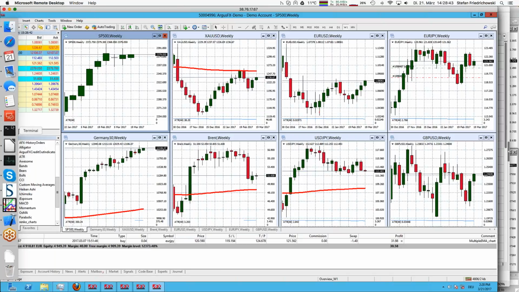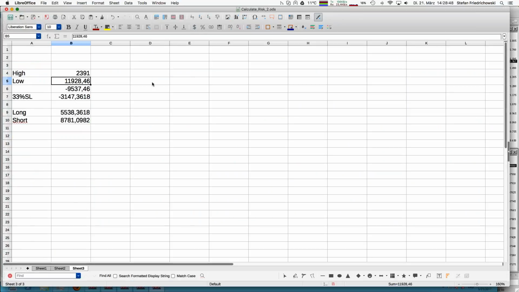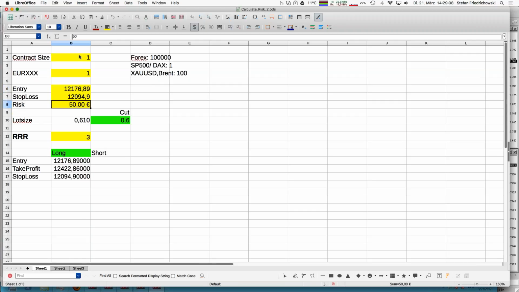So let me be a little bit faster here, entering those numbers, and now the stop loss is at the level of 2379.84, and with those numbers I calculate the risk and the lot size. We need the exchange rate because now we trade S&P 500, which is US dollar based.